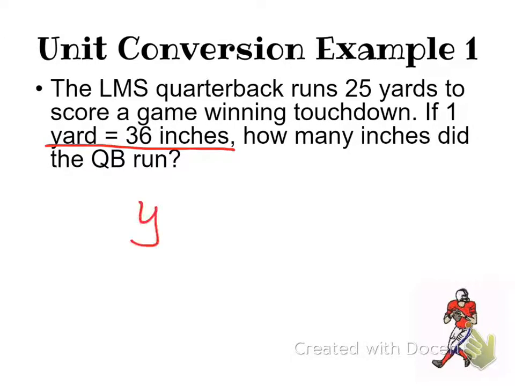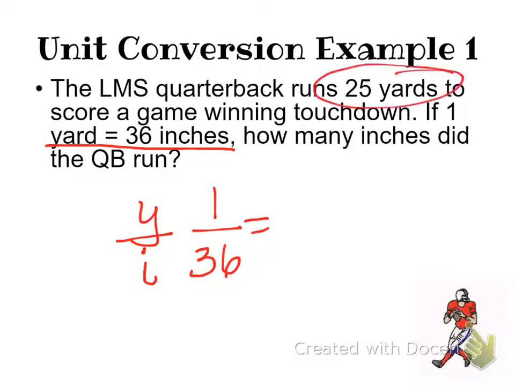So yards to inches. Write that piece. Okay, and so we had 1 yard to how many inches? 36. Yep. And then our third number is yards or inches? Yards, 25 yards. So our 25 goes there. X goes below it. And then we cross multiply.